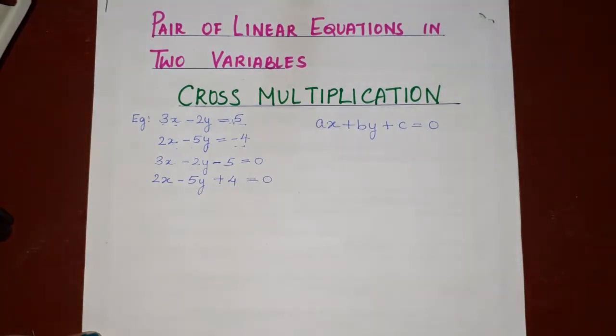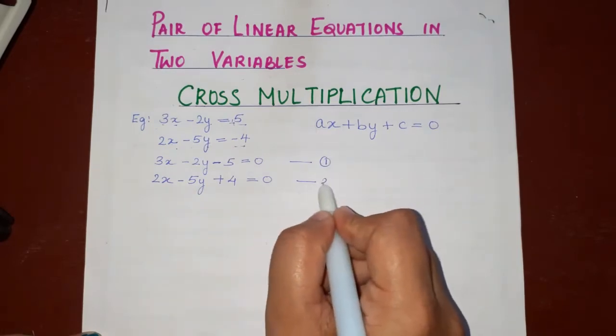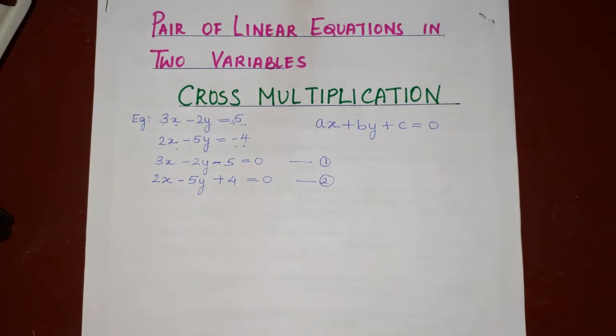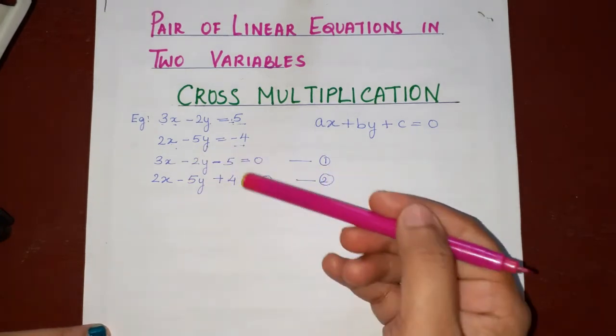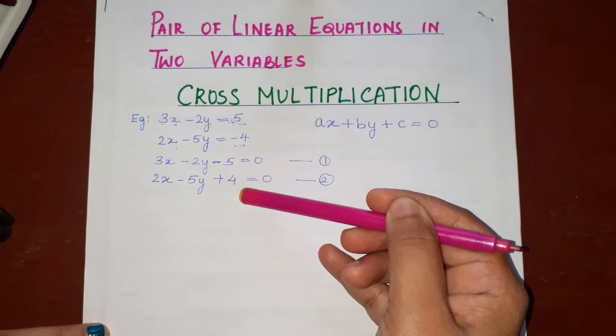Now once we get these two equations, we are going to number them first and second. Now we are going to write the variables or the terms, constants, sorry. For example, here the variable is x, here the variable is y in both of these, and these numbers don't have any variable or alphabet associated with them, so we call them constants.